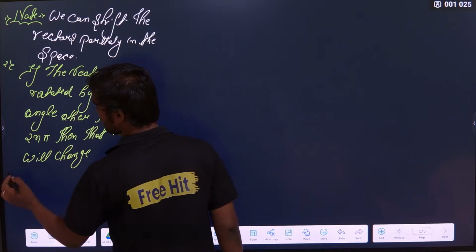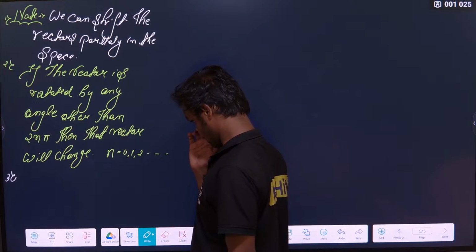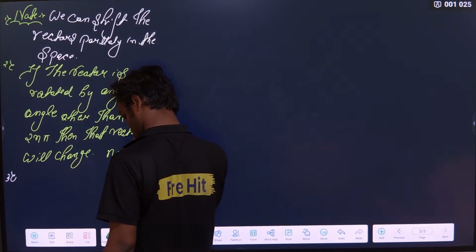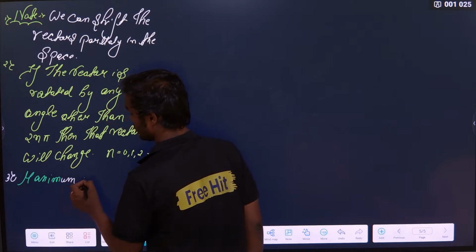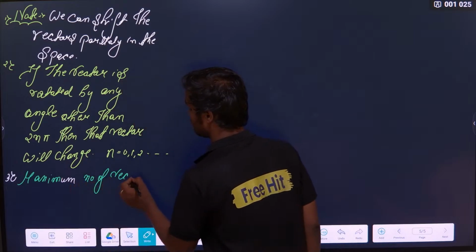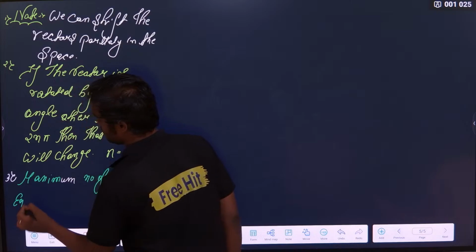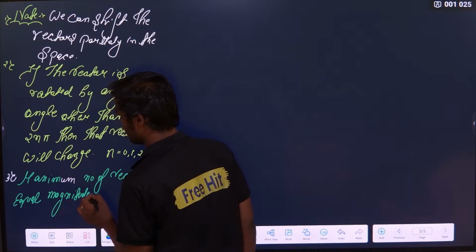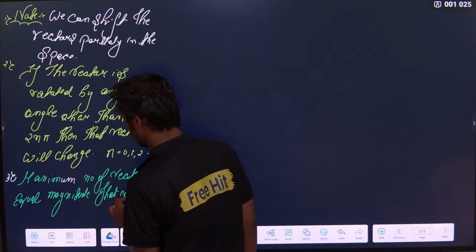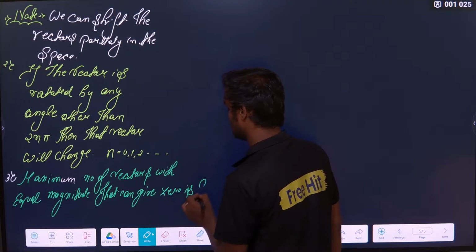These are some important points. Third point is, the maximum number of vectors with equal magnitude that give 0 is 2.